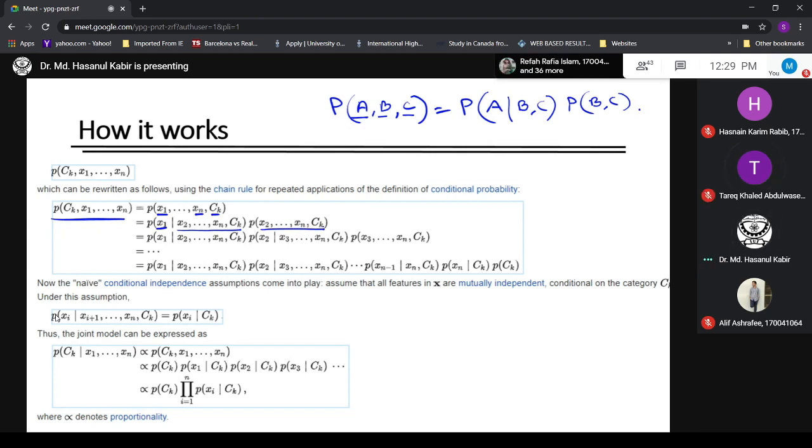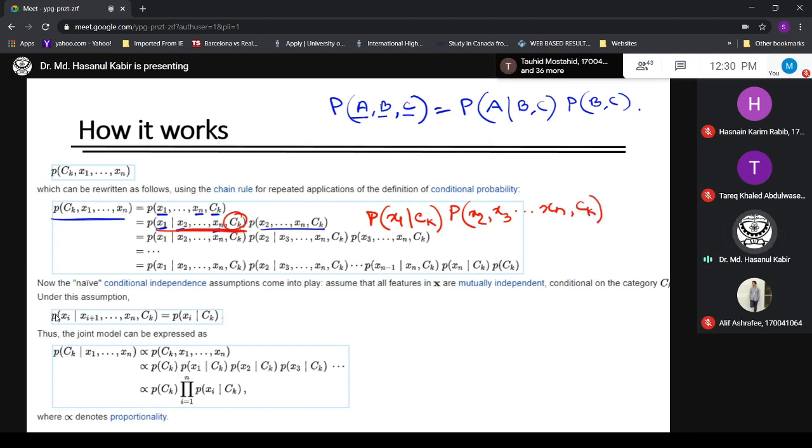Then we have seen that x1 has nothing to do with x2, x3 up to xn, but it is dependent on class, right? So this first term I can write as probability of x1 given class. Then the other term is going to be probability of x2, x3 up to xn and class.